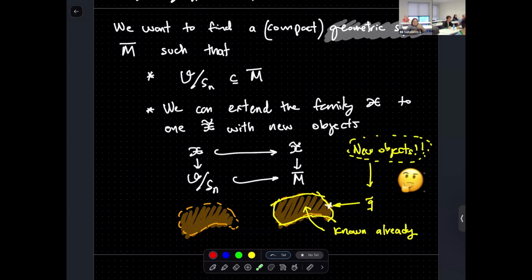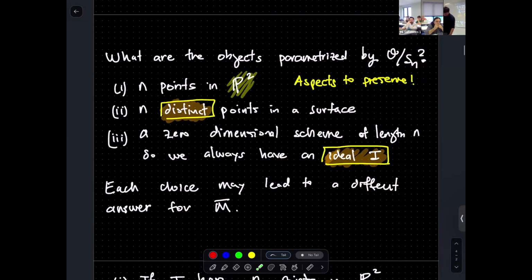That is the fundamental matter: inside, we have the objects that we already know, but because we're adding this extra locus or loci that will compactify the space, we have new objects in our problem.